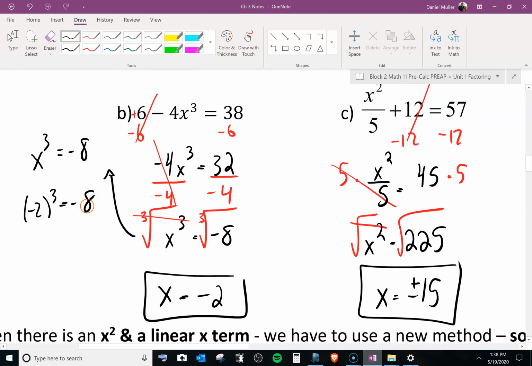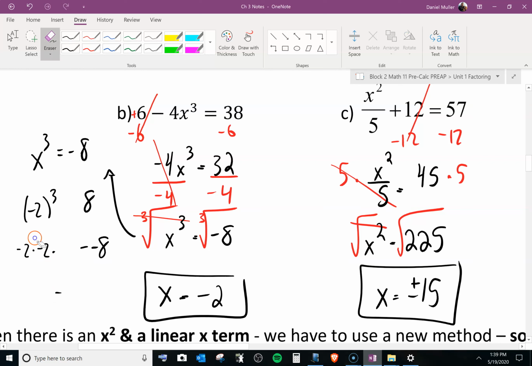Negative 2 cubed equals negative 8. And is that true? Well, negative 2 times negative 2 times negative 2, does that equal negative 8? Negative 2 times negative 2 is positive 4. Positive 4 times the negative 2 is indeed negative 8. So the cube root of negative 8 is negative 2.